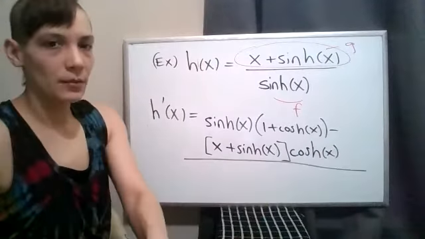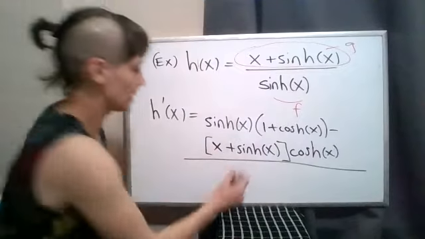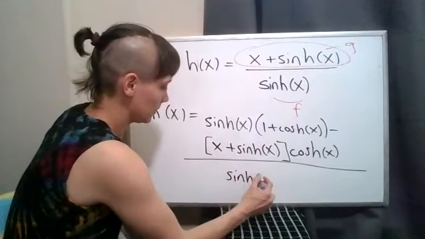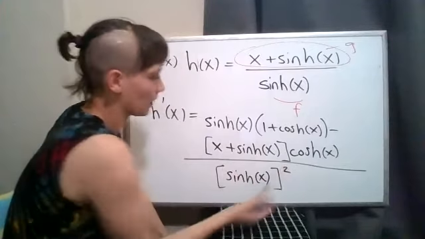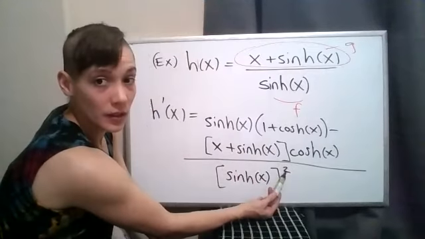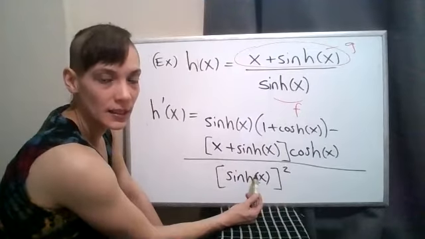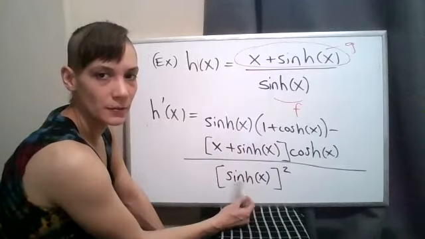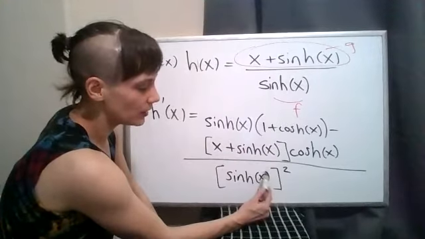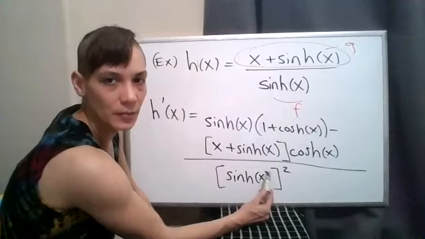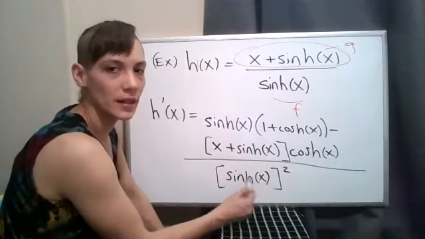And then divide everything by sinh squared. Okay, that power you can put between the parenthesis and that function. Don't put it on that parenthesis right here, because it kind of looks like x squared, but you want sinh squared of x.